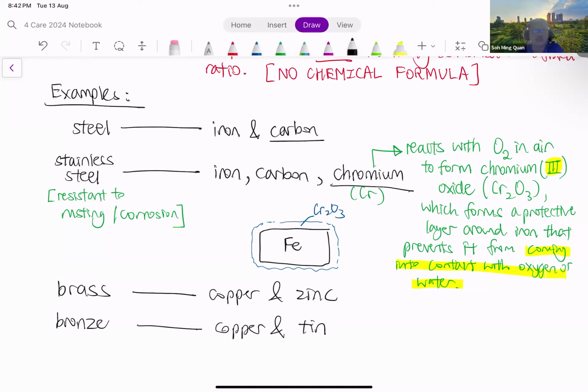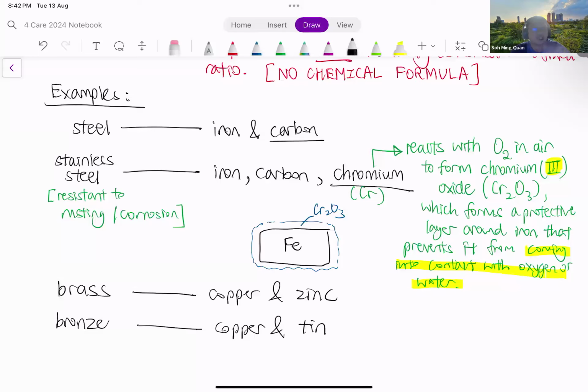All right. Now, someone asked whether the chromium oxide layer can break. Now, the chromium oxide layer, yes, it can be broken, but the chromium immediately reacts with oxygen again to form more chromium oxide. So effectively, the chromium oxide layer does not get depleted.